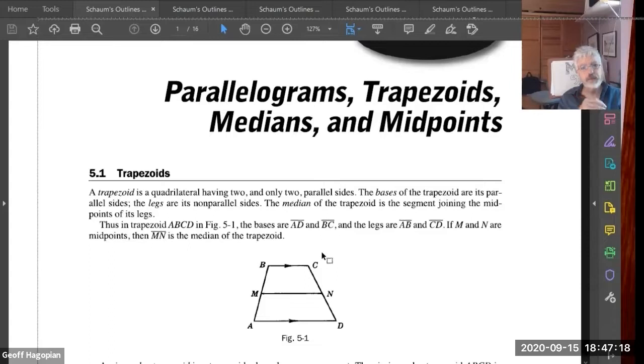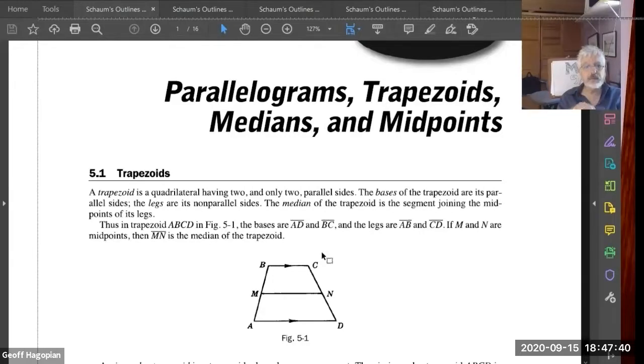The bases of a trapezoid are its parallel sides. The legs are its non-parallel sides. So we have bases AD and BC here, and legs AB and CD, right?